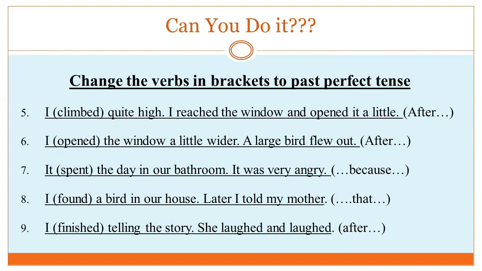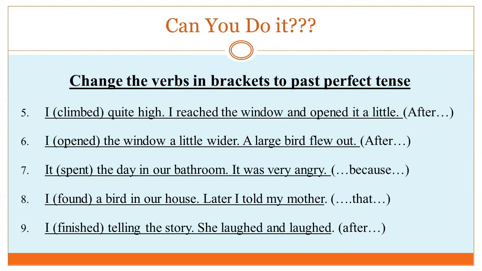how to start your sentence. Let us do sentence number 5. I climbed quite high. I reached the window and opened it a little. First, we will change the verb in bracket into past perfect. Climbed would be had climbed. I had climbed quite high. Look at the bracket at the end of sentence: after. We will start our sentence with the word after.